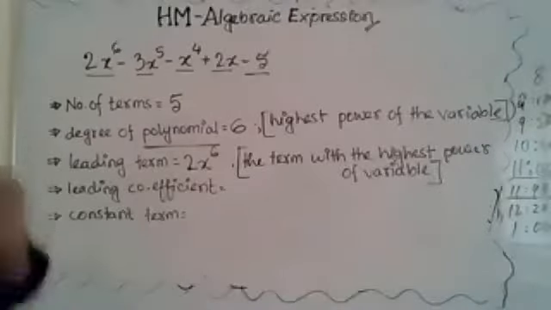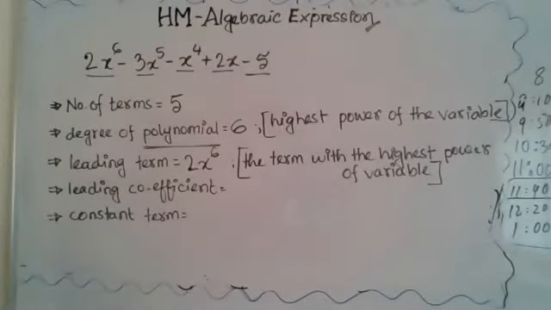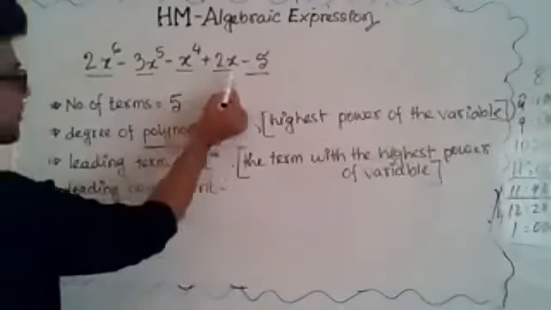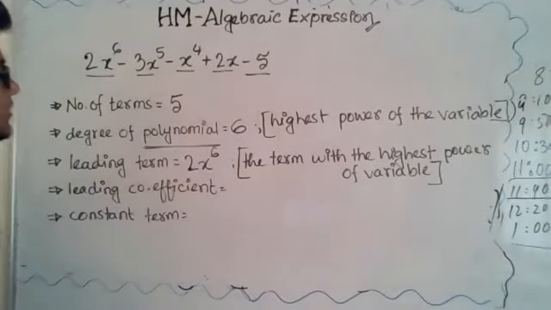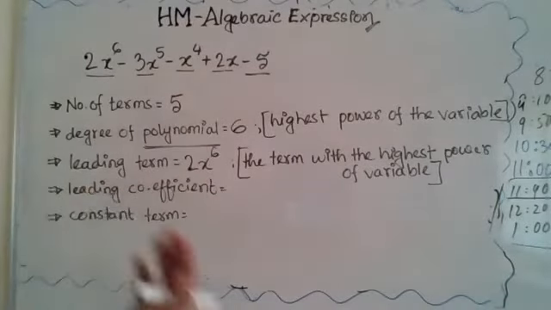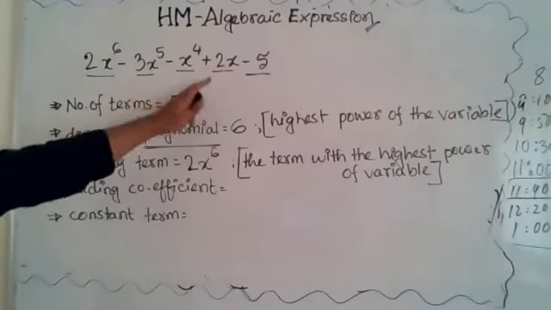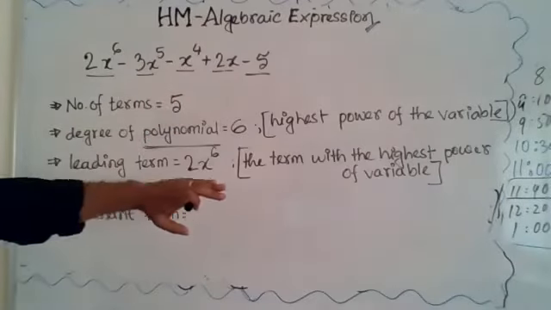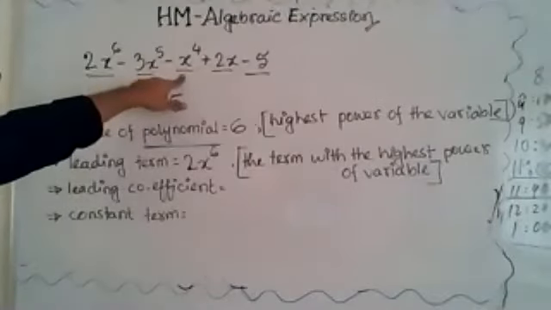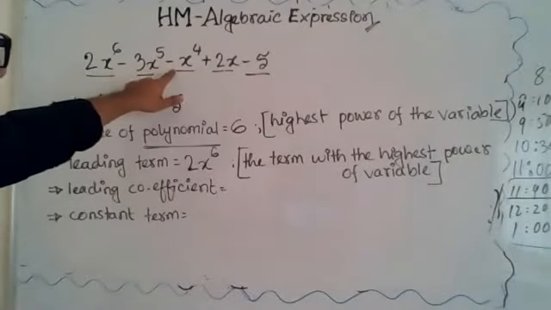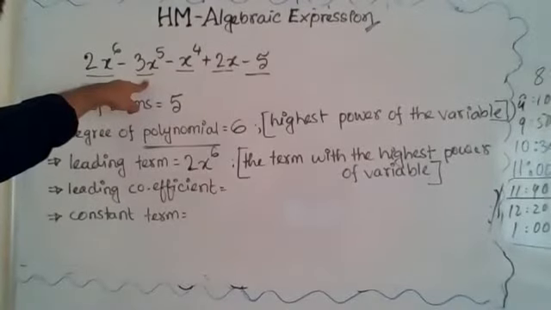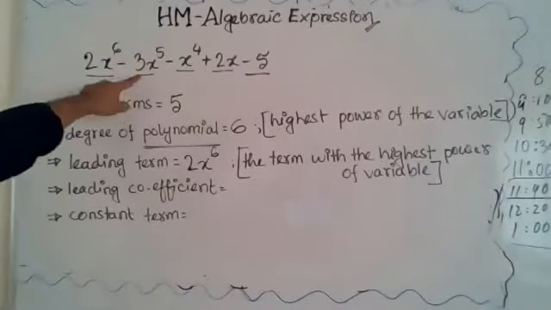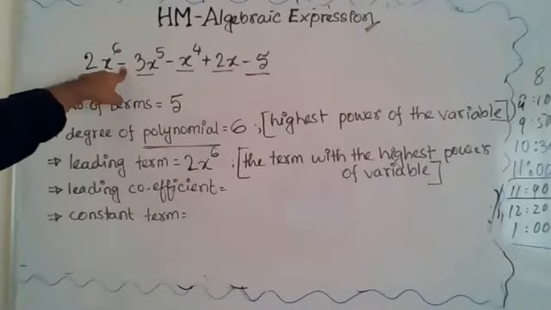Let us learn what is coefficient first. Let us say I ask you what is the coefficient of x. It will be +2. The number or whatever it is multiplied with x will be the coefficient of x. What is the coefficient of x to the power 4? It will be -1. What will be the coefficient of x to the power 5? -3. You must consider this sign also.